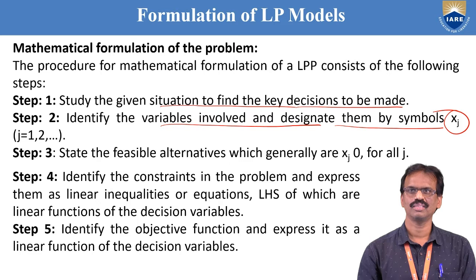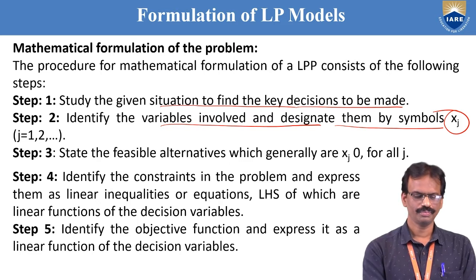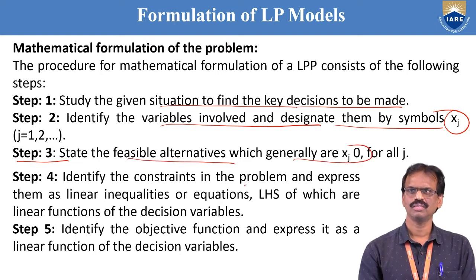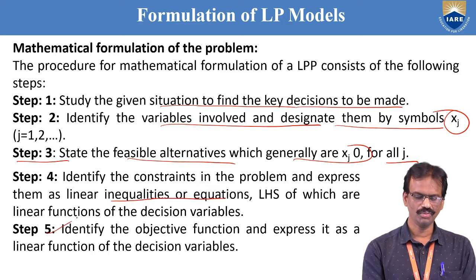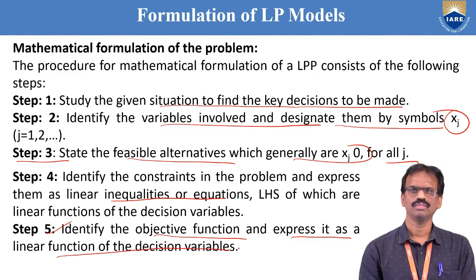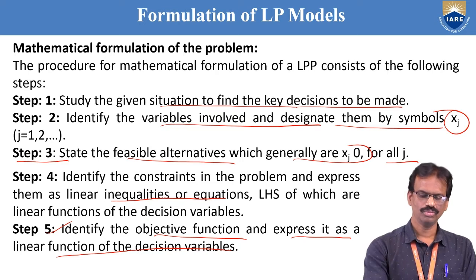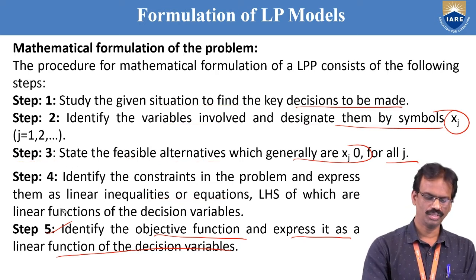Step 3, state the feasible alternatives, which are generally xj greater than or equal to zero. Fourth, identify the constraints of the problem and express them as linear equations. Fifth, identify the objective function and express it as a linear function of the decision variables. When we see it numerically, then we can understand it clearly.